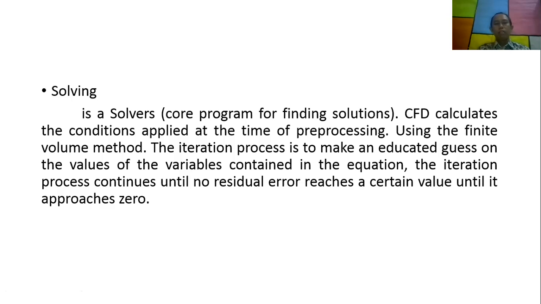The iteration process is to make an educated guess on the value of the variables contained in the equation. The iteration process continues until the residual error reaches a certain value, until it approaches zero.